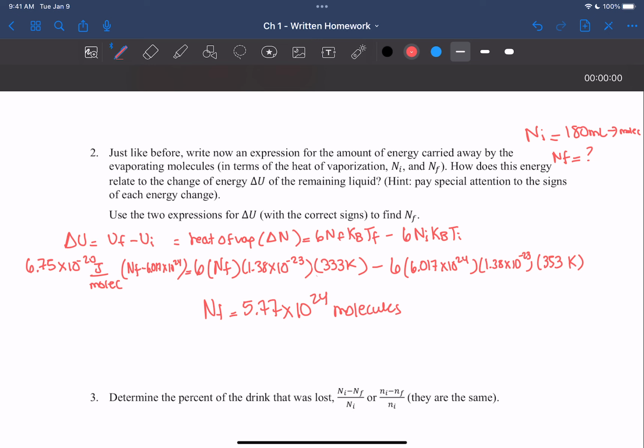Oh, I see now. So it says, just like before, write now an expression for the amount of energy carried away by the evaporating molecules.